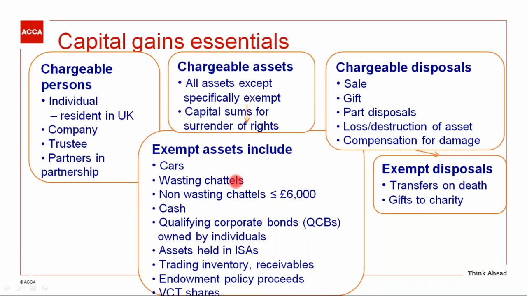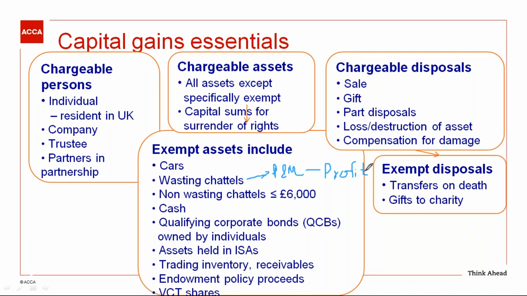Now, if you take a wasting chattel, the general rule is normally they are exempt from CGT. Normally, wasting chattels are exempt from CGT except for plant and machinery sold at a profit.